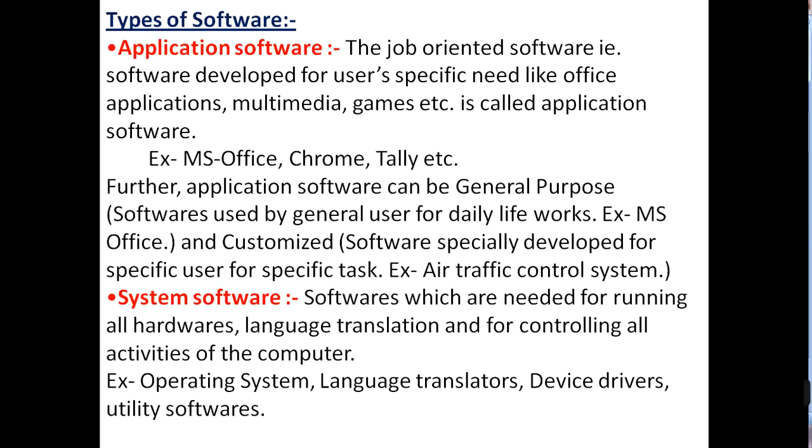So let us study about application software. Application softwares are those softwares which are job oriented. Job oriented means whatever job we want to do using our computer, that job needs a software. For example, if we want to paint or create a drawing, then we need a painting software like MS Paint.